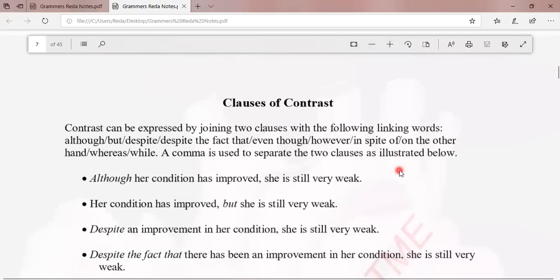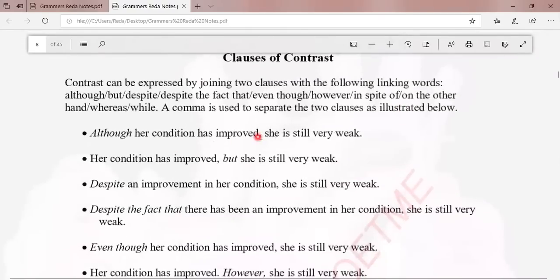Clauses of contrast, like: Although her condition has improved, she is still very weak. Her condition has improved, but she's still very weak. Despite plus noun or gerund: despite an improvement in her condition, she's still very weak. Despite the fact that, plus a complete sentence, comma, another sentence.